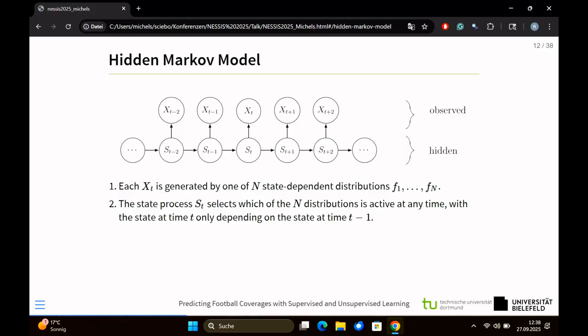The underlying state process selects which of the N distributions is active at any time, with the state at time t depending only on the state at time t-1. That's why it is called a hidden Markov model.